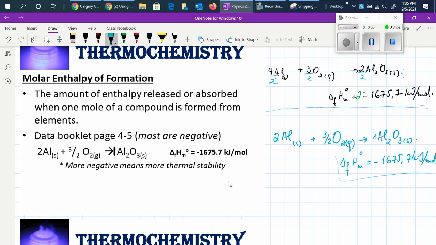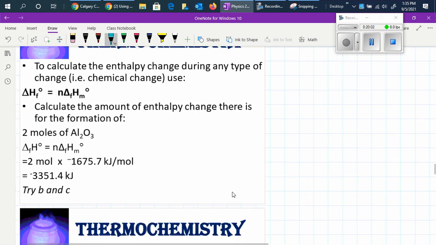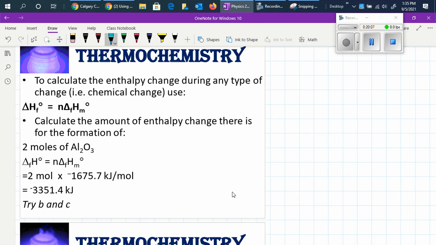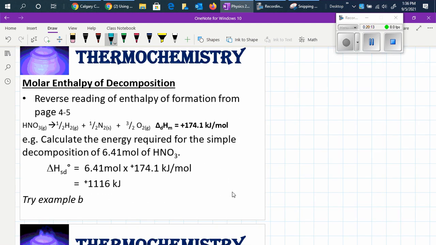And if it is a high negative number, then that means that we have a very stable compound. When we are looking at the decomposition, the sign that table 4 and 5 on pages 4 and 5 is giving us has to be the opposite.